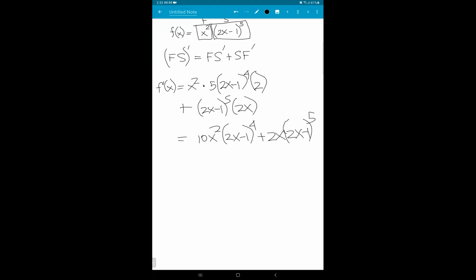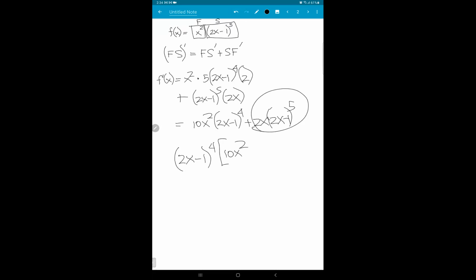Let me show how the expression will look if simplified by factoring common terms. Here, you can see that (2x minus 1) to the 4th is the greatest common factor. If you factor that out of the first term, you'll have 10x squared. If you factor that out of the second term, you'll be left with just a power of 1 and the 2x here.